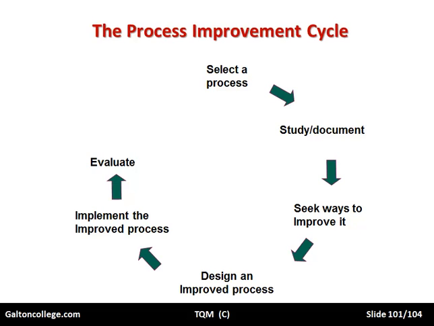Then evaluate the results after the changes have been implemented. Evaluate them, measure them if possible, measure them statistically if possible. So evaluate them critically to make sure that the data that's picked up is accurate and realistic.